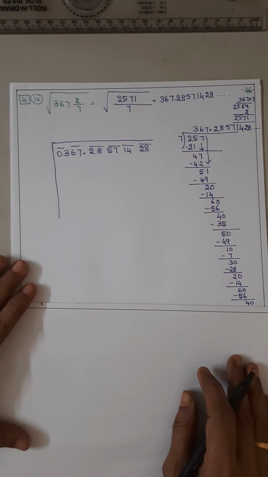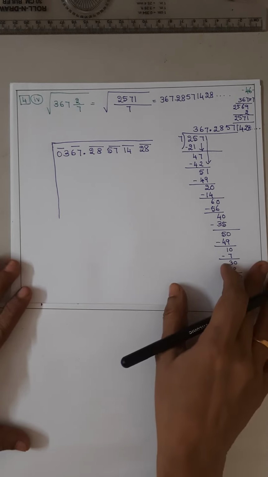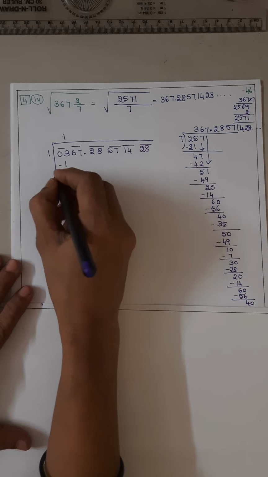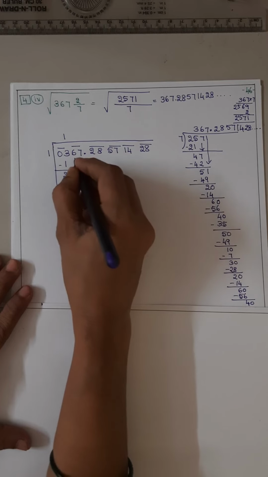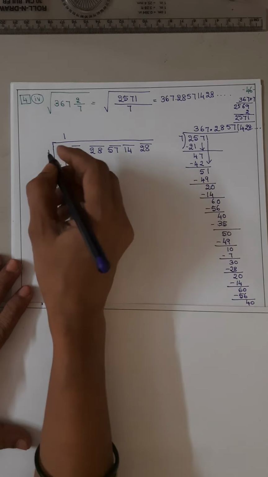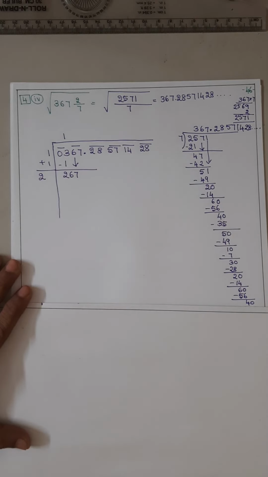Okay, now 3. Now the method is same. Only this step is extra. So 1 ones are 1. This 2 remains. 67. Add 1. It is 2. 2 how much are 26?